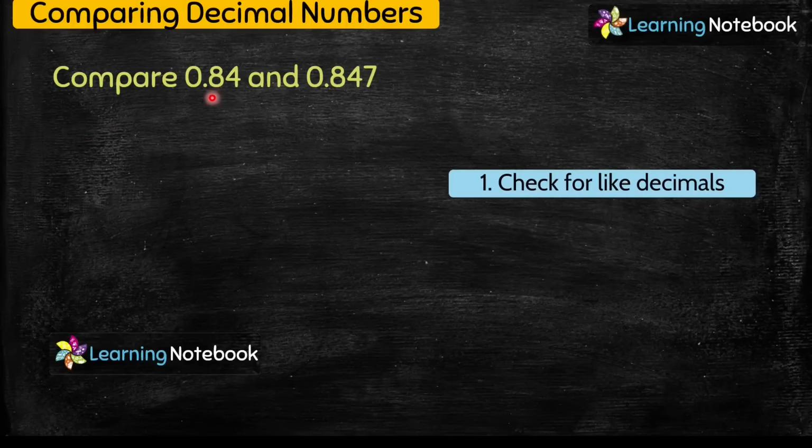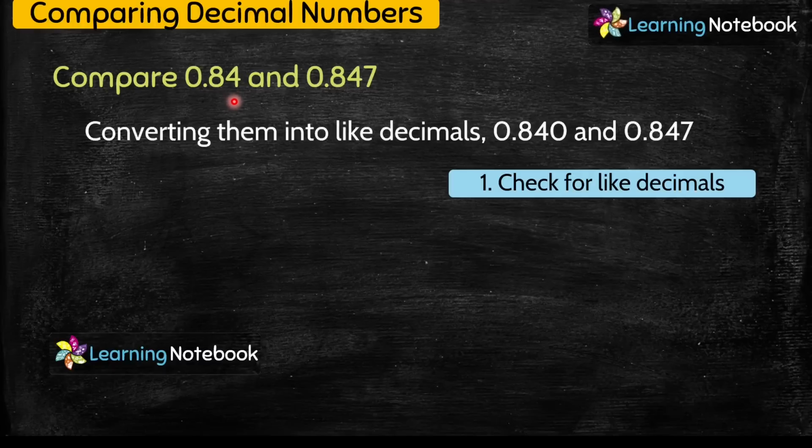So students, as we can see, first decimal number has 2 decimal places, while the second decimal number has 3 decimal places. So we will convert the first decimal number into like decimals by adding 1 0 to the right of the decimal part. Now we have converted them into like decimals.